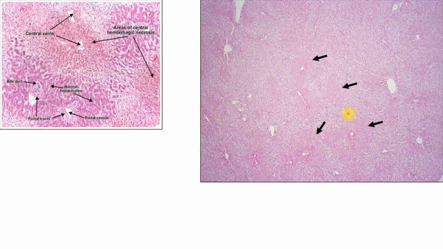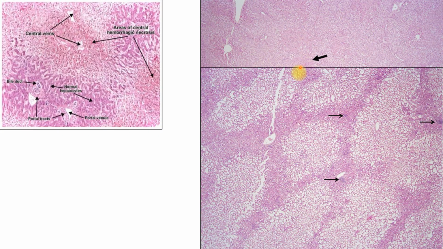So this may be seen in livers of people who are alcoholic, no? Then another version of this: central vein, portal triad, zone 1, 2, 3. In zones 2 and 3, you have steatosis.